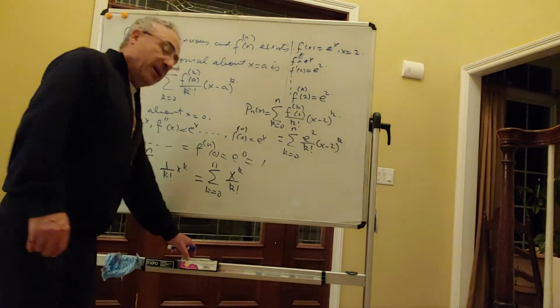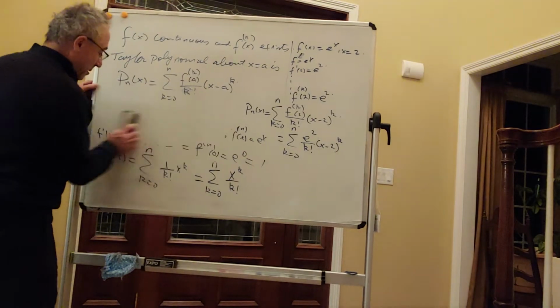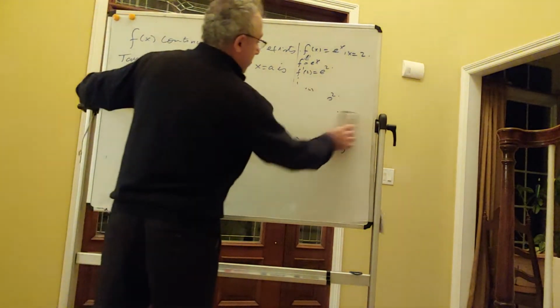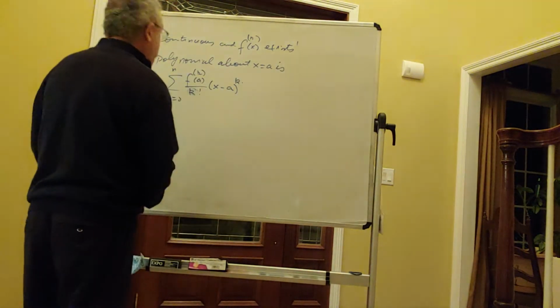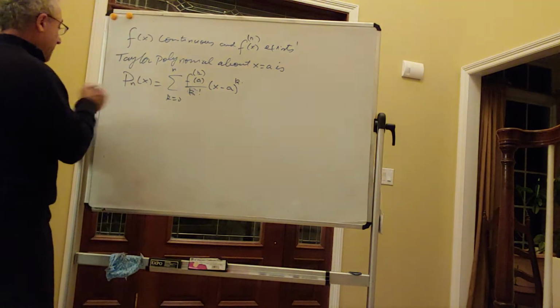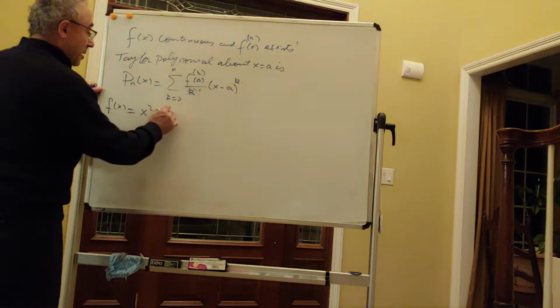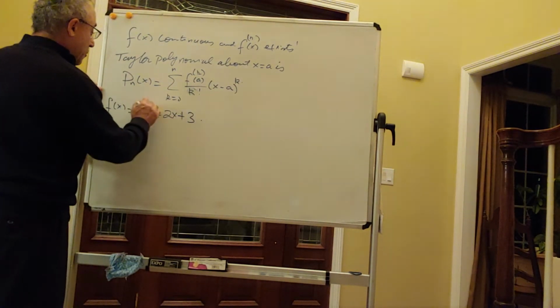So let's now take a different function, if you like. If I take, for example, f of x equal x squared plus 2x plus 3. Let's make it x cubed plus 2x plus 3.